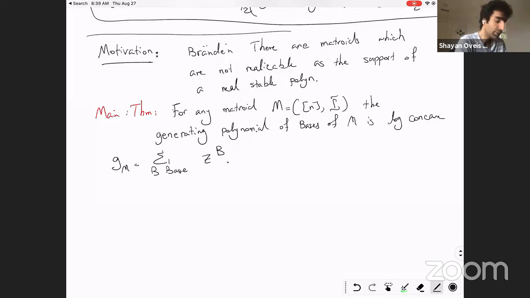Now, it turns out that the uniform distribution over bases of many matroids is not negatively correlated. Therefore, you shouldn't get real stability. But log concavity, on the other hand, doesn't imply negative correlation, and therefore it has the capability. In fact, it captures all of the matroids. So let me start and see how. I want to basically pave the path and build up machinery to prove this theorem.